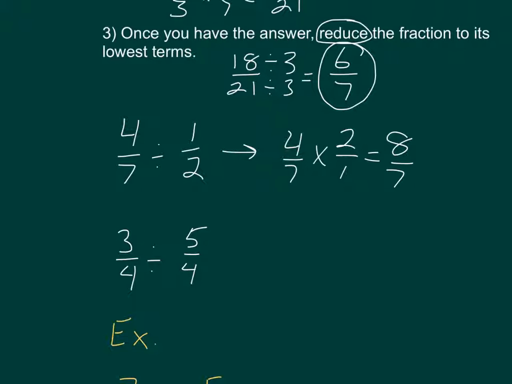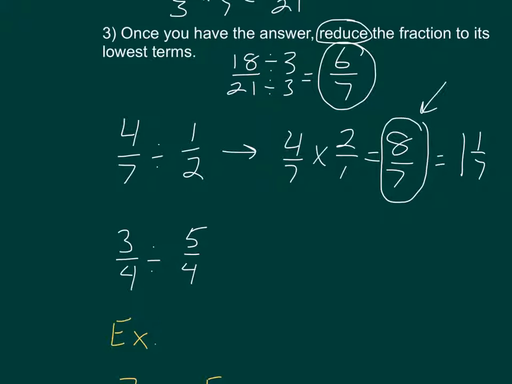Simplify and reduce mean the same thing. I can't because there's no common factors other than 1. So I'm going to leave it as 8/7. It is okay to leave it as an improper fraction. Okay? You don't have to turn this into a mixed number, even though it does equal 1 and 1/7.